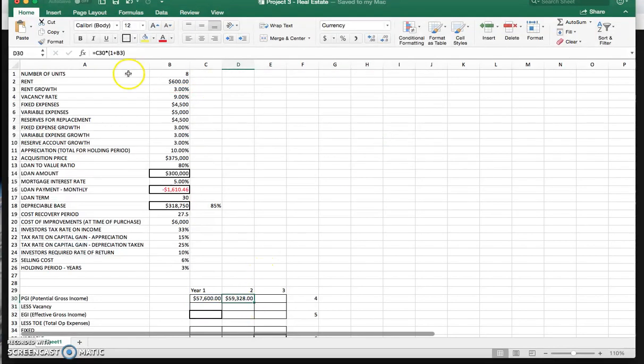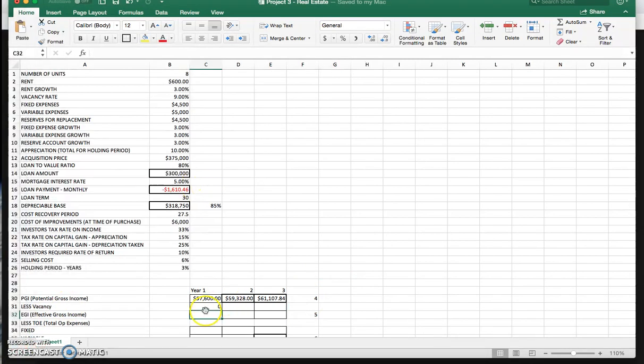And then I can actually lock this in, and I can drag it across here and it will adjust. So yeah, that's the next 2 years with the growth rate factored in. That's what the PGI will be.